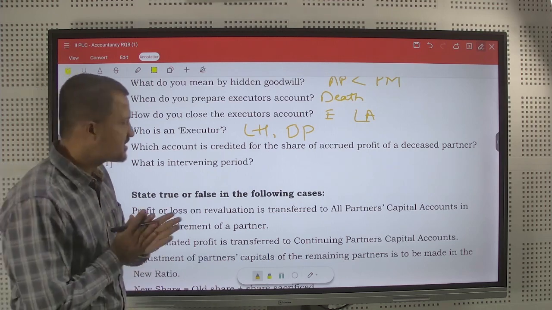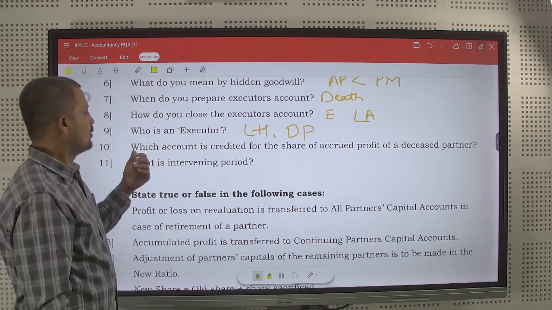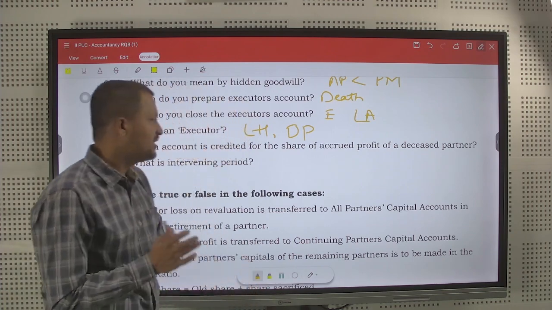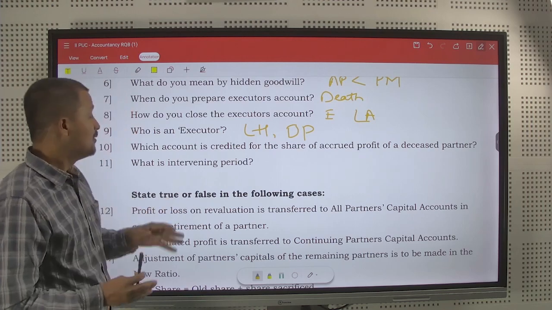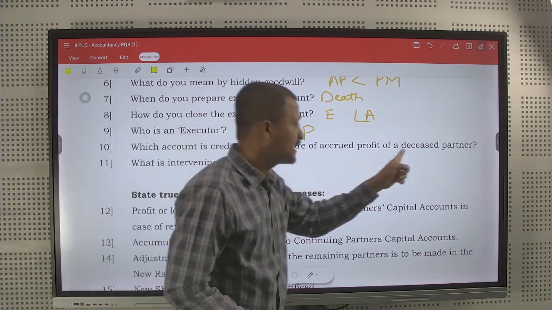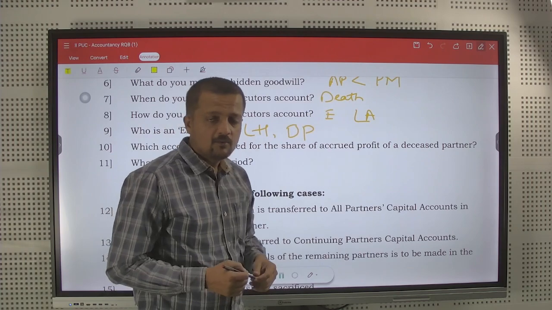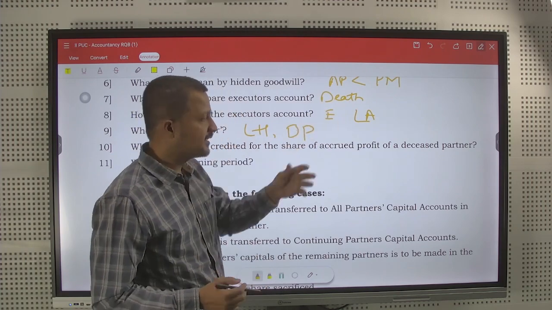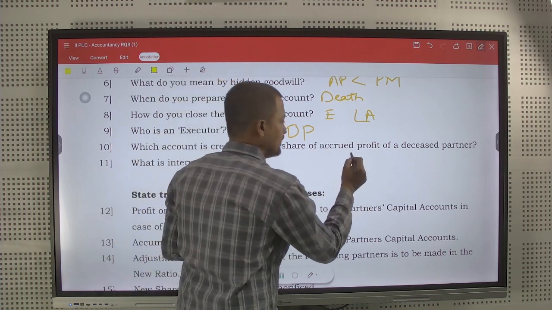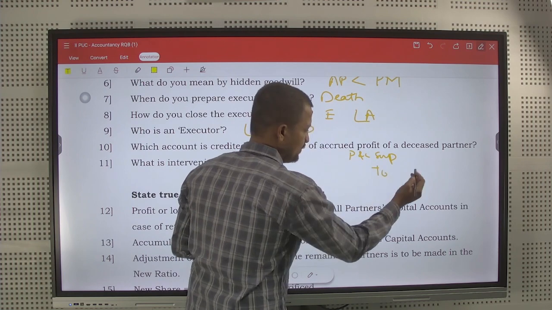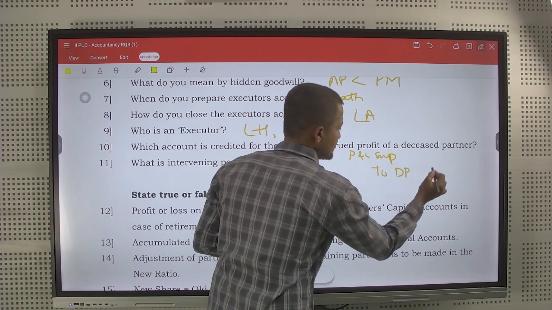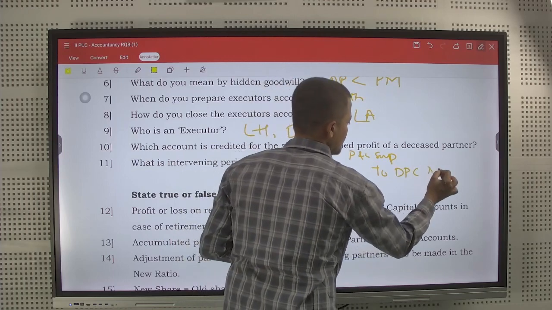Okay, the legal heir. Then, which account is credited for the share of accrued profit of a deceased partner? Which account is credited for accrued profit? We have seen earlier that the journal entry will be P&L suspense to the deceased partner's capital account.